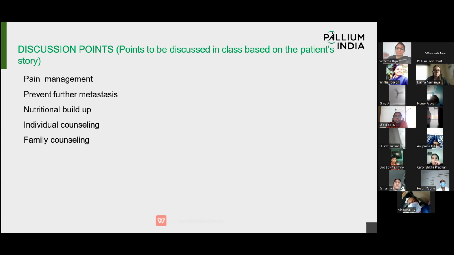Are we actually concerned about preventing further metastasis? What do you all suggest? Can we have the answers in the chat box? Yes, Nancy says a regular follow-up would do. Okay, a regular follow-up would help to see if she is having any further metastasis. Yes, Tracy also agrees to that.